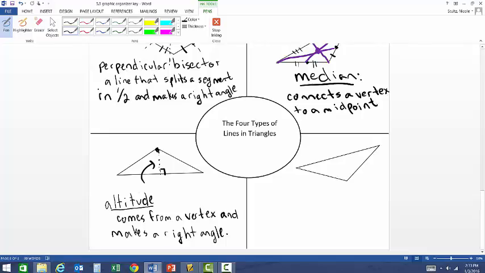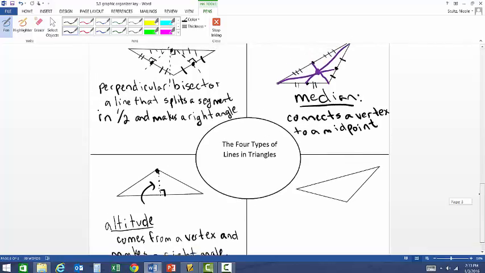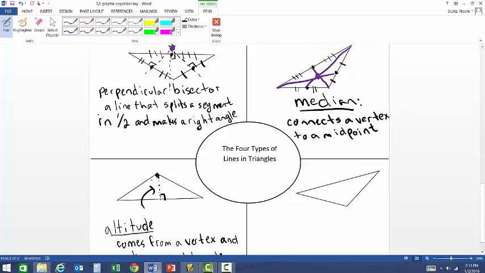Now, I'm not going to draw all three altitudes because it would make the picture very confusing, so we'll just use one for now. I do want to point out the difference between altitude and perpendicular bisector. An altitude does not need to split a side in half, but an altitude must touch a vertex, whereas perpendicular bisectors do not need to touch a vertex.